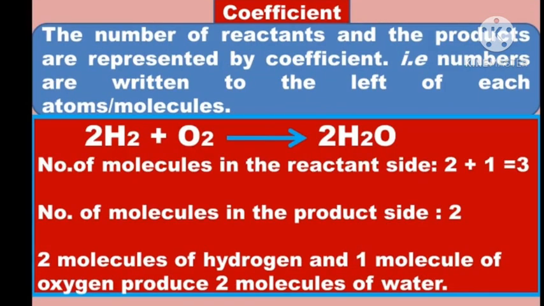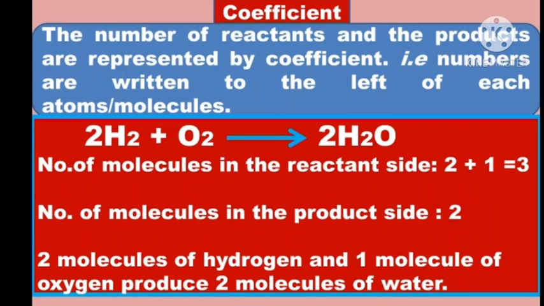What is coefficient? The number of reactants and the products are represented by coefficient. That is, the numbers written to the left of each atom or molecule in a chemical equation. Look at this equation. The left side you have your reactant.